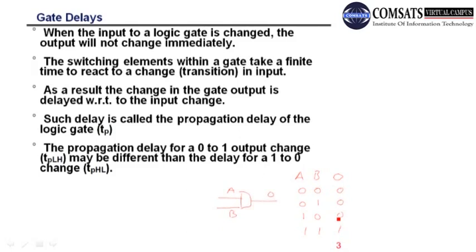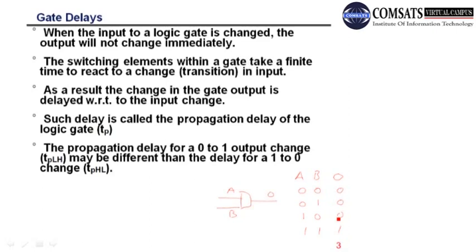So the problem over here is that the gate does not communicate the input immediately when we apply the input at this gate. There is some delay. If I apply 0 0, irrespective of the previous output, we will get a 0, but after a certain delay.